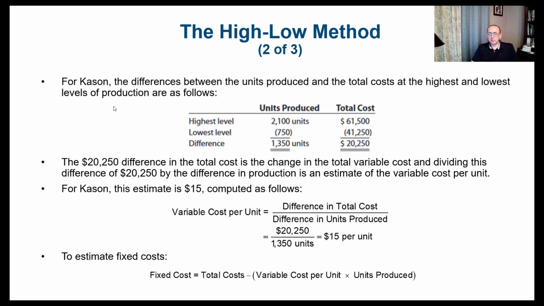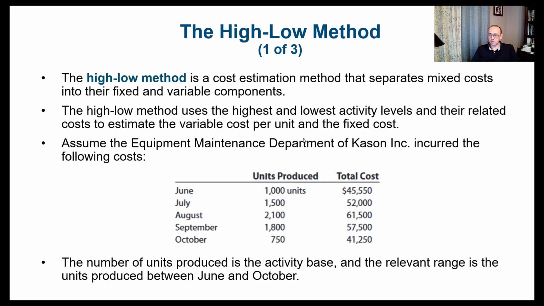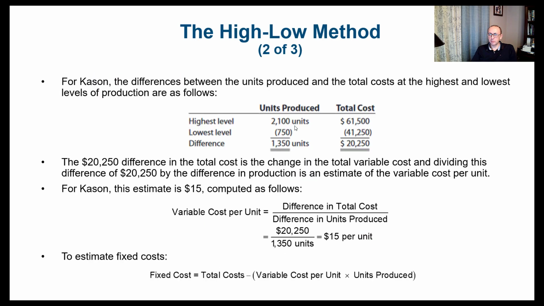So for Kaysen, the difference between the units produced and the total cost at the highest and lowest levels of production would be as follows. We took the highest level, which I believe was August here, 2,100, and the total cost for that month was 61,500. We subtract from it the lowest, which was October, 750, and the total cost for that month was 41,250.